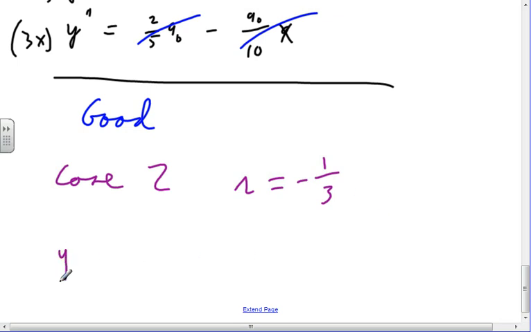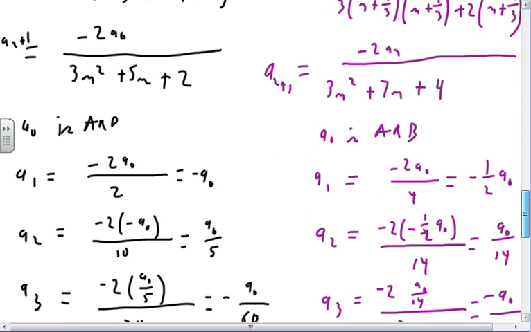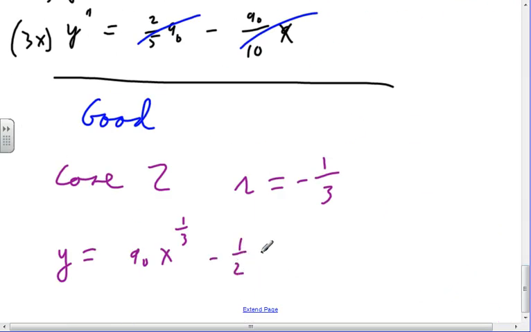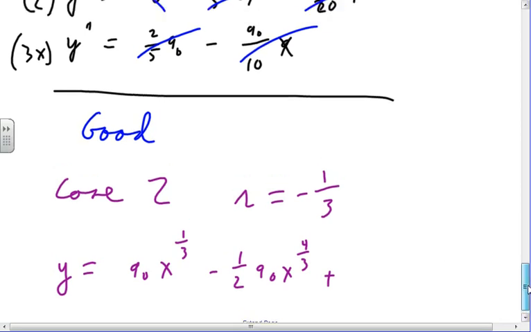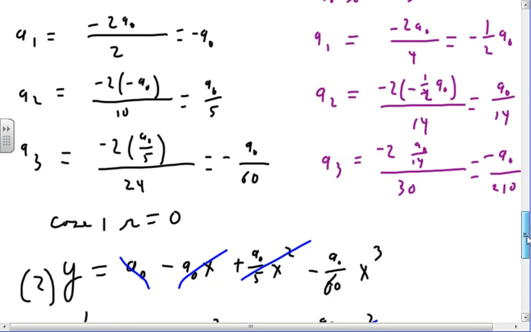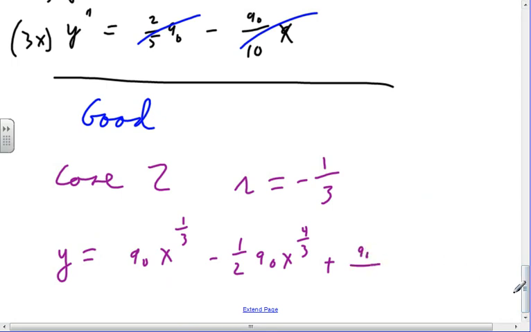Okay, so I'm going to have y is equal to a0 x to the 1/3 minus 1/2 a0 x to the 4/3 plus a0 divided by 14 x to the 7/3 minus a0 divided by 210 x to the 10/3.